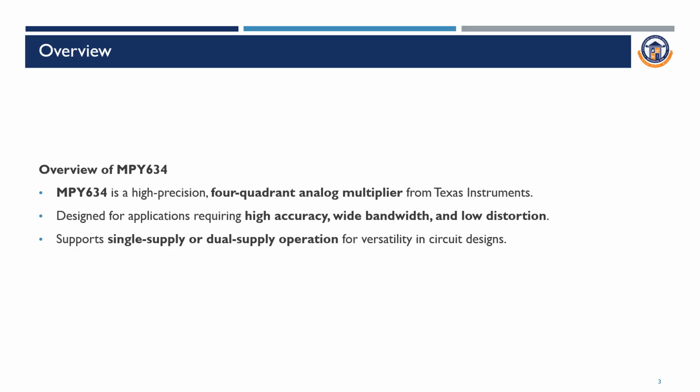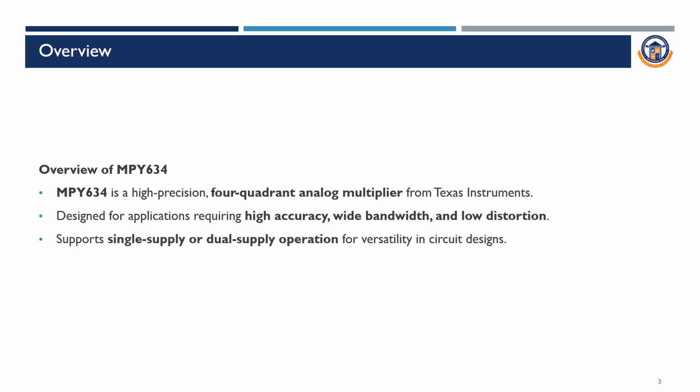The overview of MPY 634: MPY 634 is an analog multiplier. It has high precision and is a 4-quadrant analog multiplier developed by Texas Instruments. It is used for high frequency applications, with high accuracy, wide bandwidth and low distortion. It also supports single supply or dual supply operation.